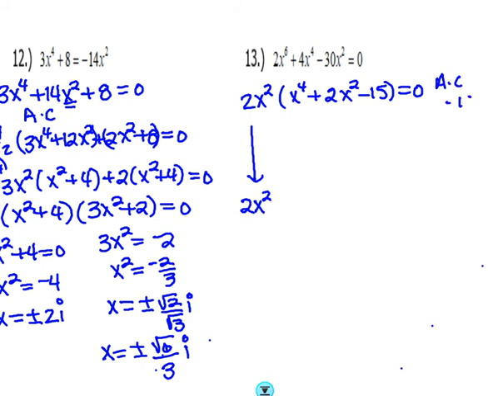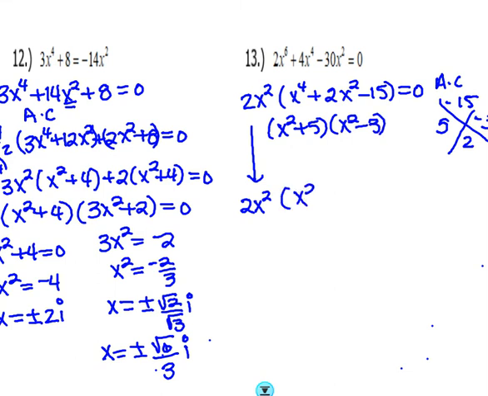So what multiplies to give me 15, but has a difference of 2, positive 2, so what, 5 and negative 3. All right, since my lead coefficient is 1, I can go directly to my factors. So I'm going to have x squared plus 5, x squared minus 3. So there it is, completely factored.